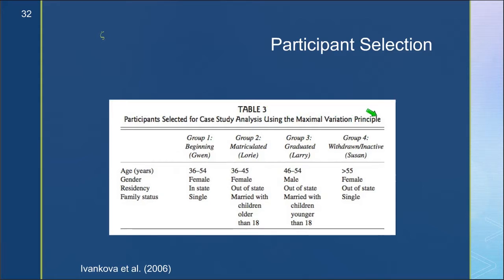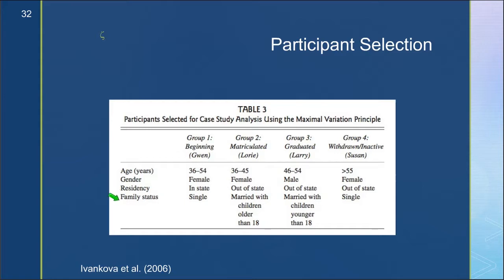So maximal variation is a type of qualitative purposeful sampling where we're intentionally looking for differences in our sample. So she wanted individuals who varied in terms of age, gender, residency. So in the US, for instance, if you're attending a public university, whether you're an in-state or out-of-state student can make a very large difference in terms of your tuition, the amount of money you pay.